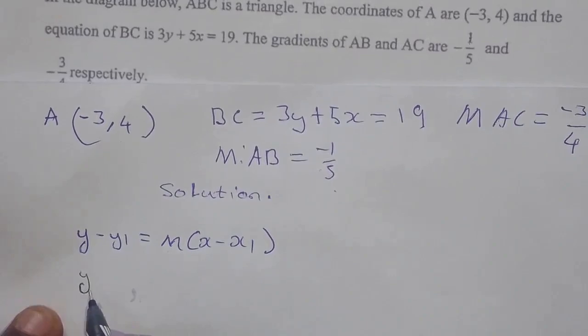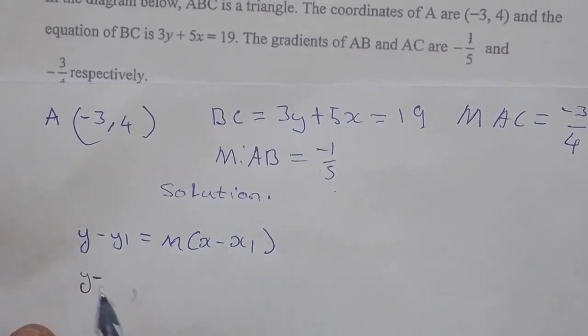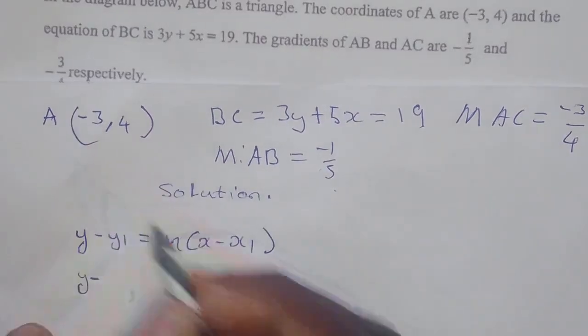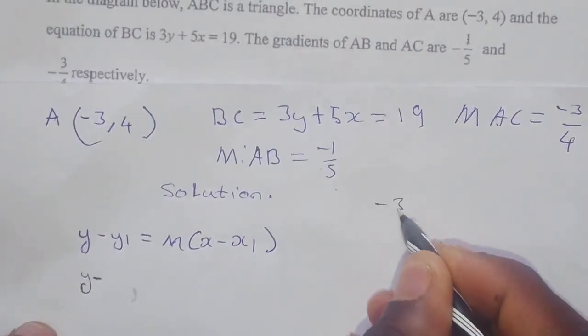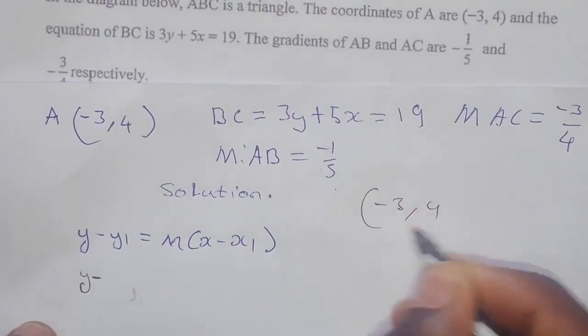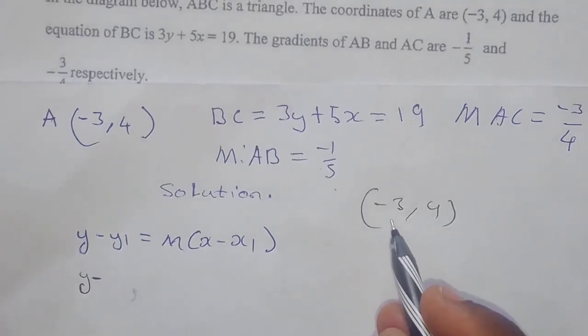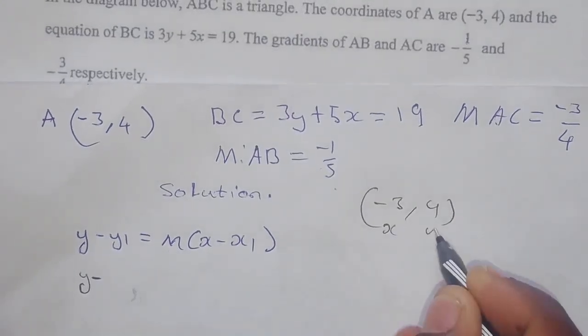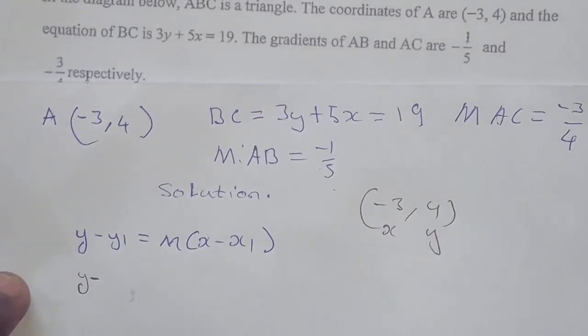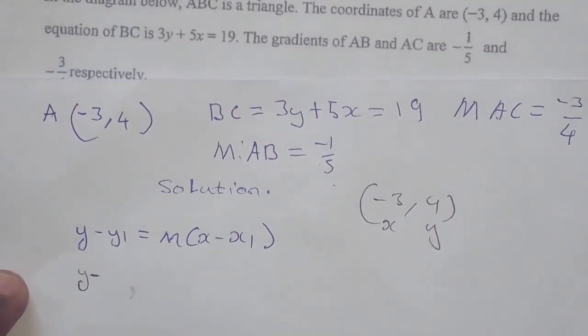So we have y minus y1. You know that if you have the point negative 3, 4, this is the point that we have. The first one is x, and this is y. Coordinates are written in the form x, y. We know this.